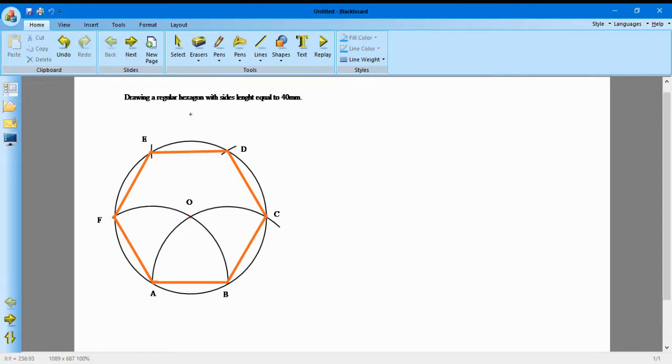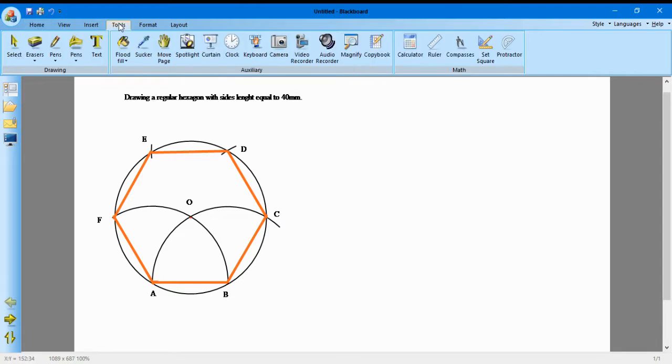Now, how can I prove it's 40? I can always go back to my ruler. Well, we know that this is 40 already. I could turn my ruler to the next side. Okay. It is 40 as well. You can see 0 to 4.